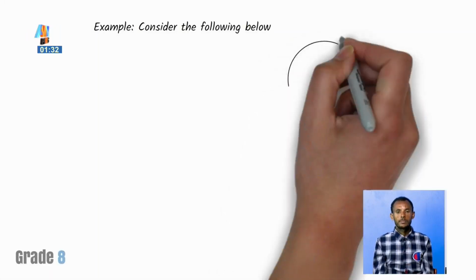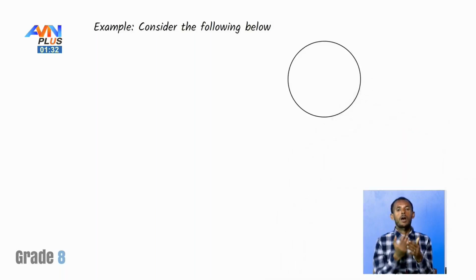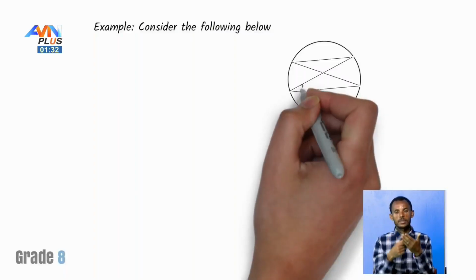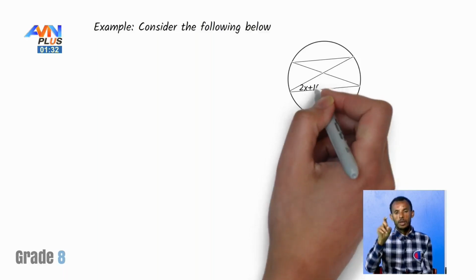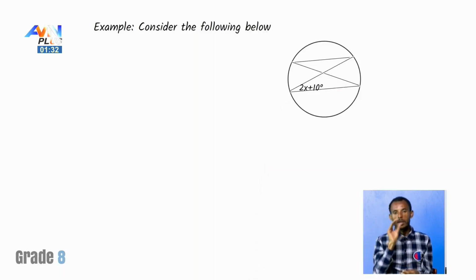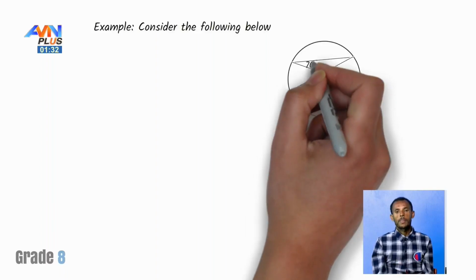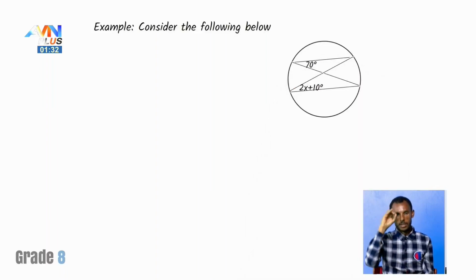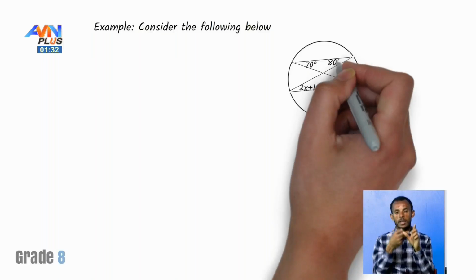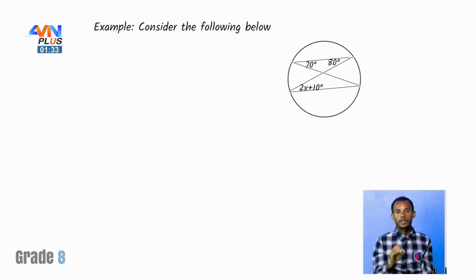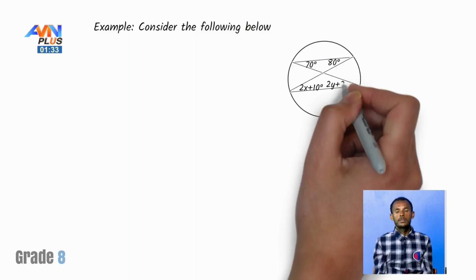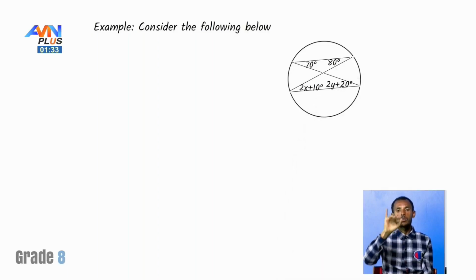Okay, let's see what our figure looks like first. So assume there are different chords intersecting on a circle. Say this angle is 2x plus 10 degrees, and this angle is 70 degrees, and here this angle is 80 degrees, and here 2y plus 20 degrees.